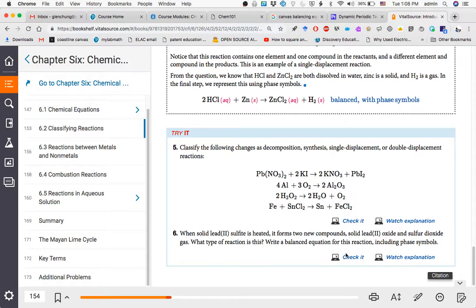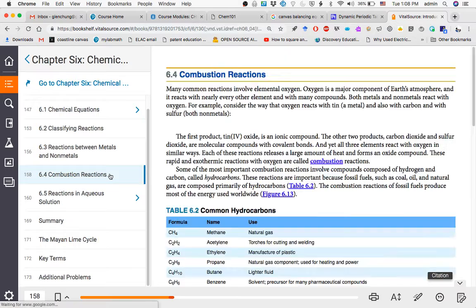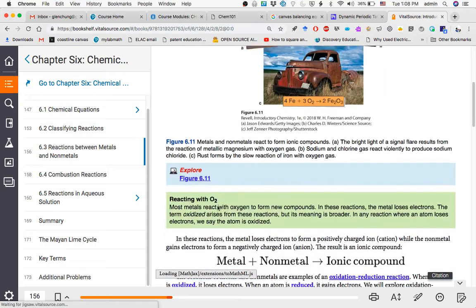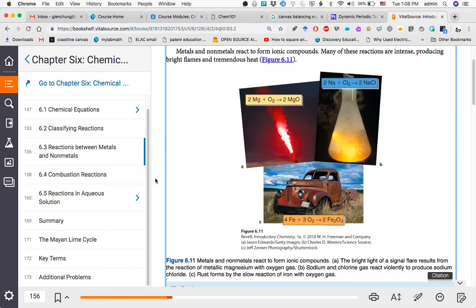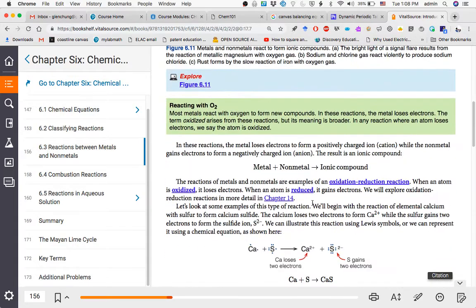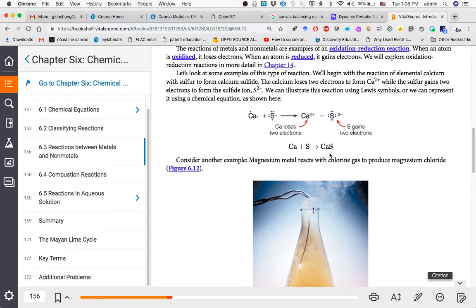Now, it's also important for you to know that reactions between metals and nonmetals, of course, we have just seen some reactions between metals and nonmetals, the single displacement reactions, but there are also other reactions between metals and nonmetals, and this section 6.3 in your textbook is trying to help you to understand that the numbers of electrons change for the metals and nonmetals.